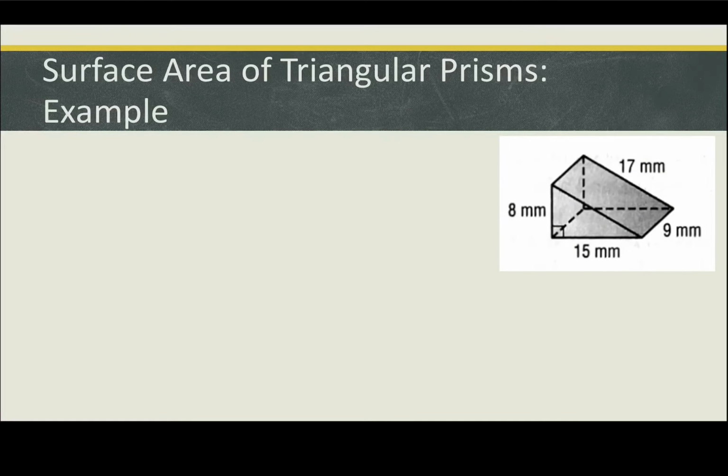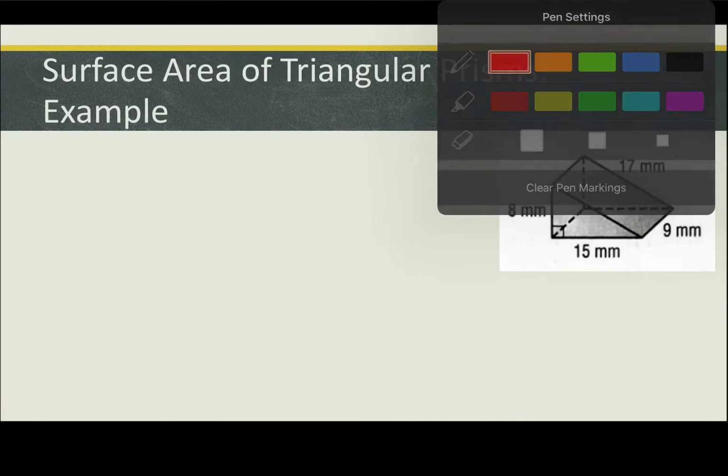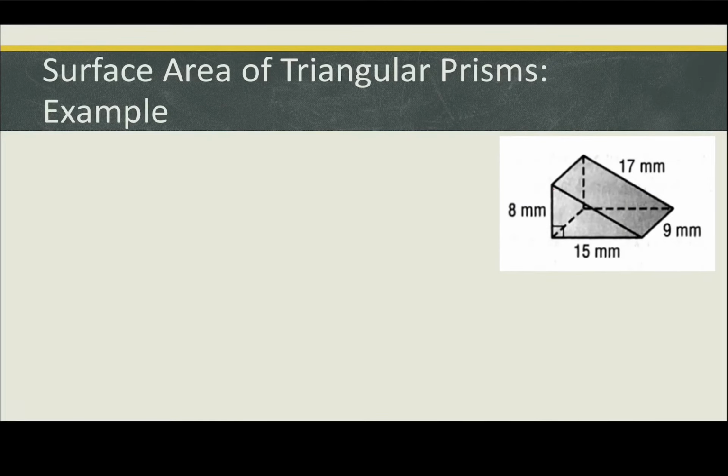So we have an example here. Now you'll notice this particular triangular prism is not resting on its base. Many of you may look at this and figure, well, the base is a rectangle, isn't it? And the answer is no. We have to look at this a little bit different and recognize that this particular surface here, the triangle, this is our base.